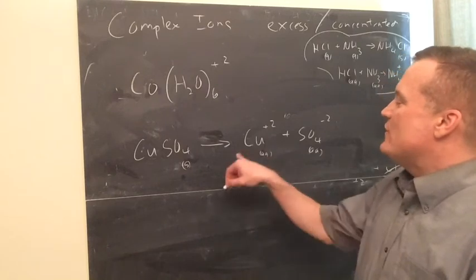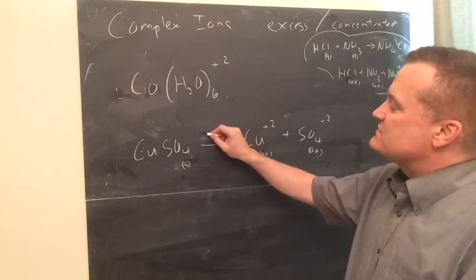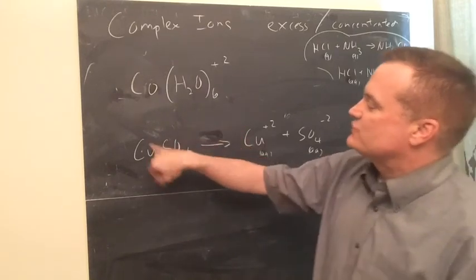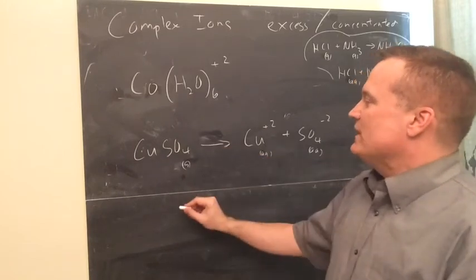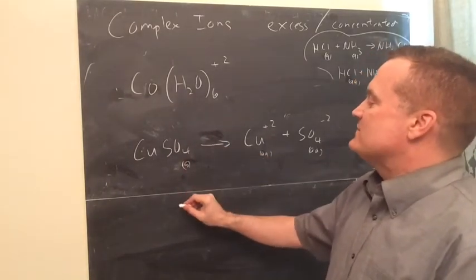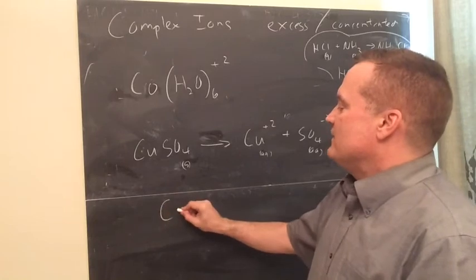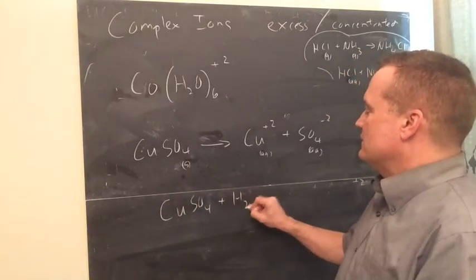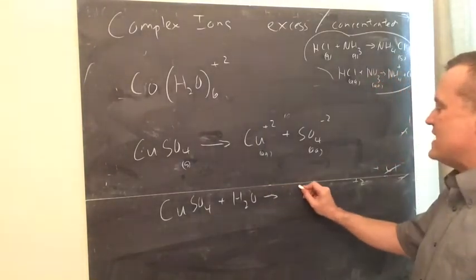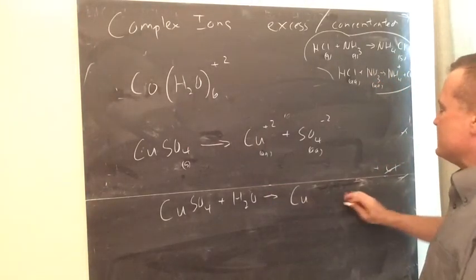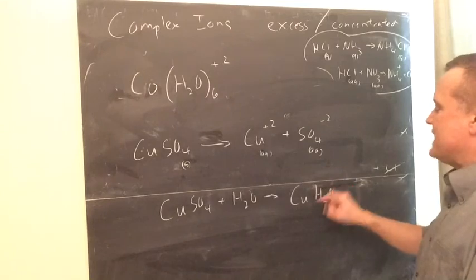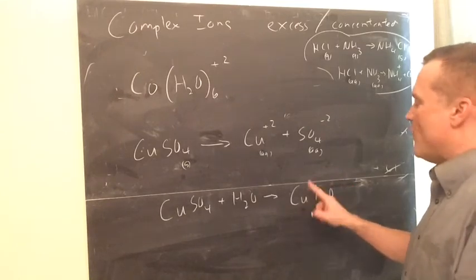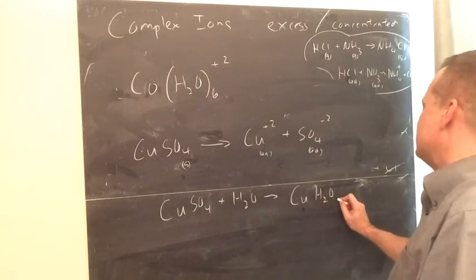What you don't know here is that when something dissolves in water, water molecules are actually surrounding it. So if you had to write it in terms of a complex ion, copper 2 sulfate with water is going to give you a complex ion of copper. Now here's the thing. For H2O, when it attaches, we don't usually just put 4. We almost always put 6.